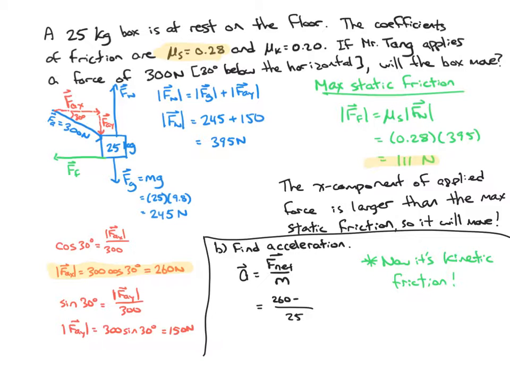So the kinetic friction is simply mu kinetic times the normal force. So all that's different is the coefficient. The kinetic coefficient is 0.20. My normal force is the same, 395. So I get a new value for friction here, 79 newtons.